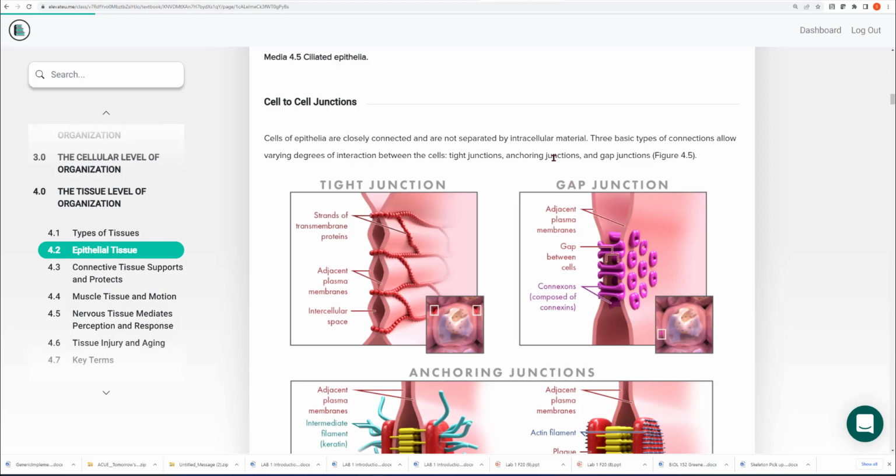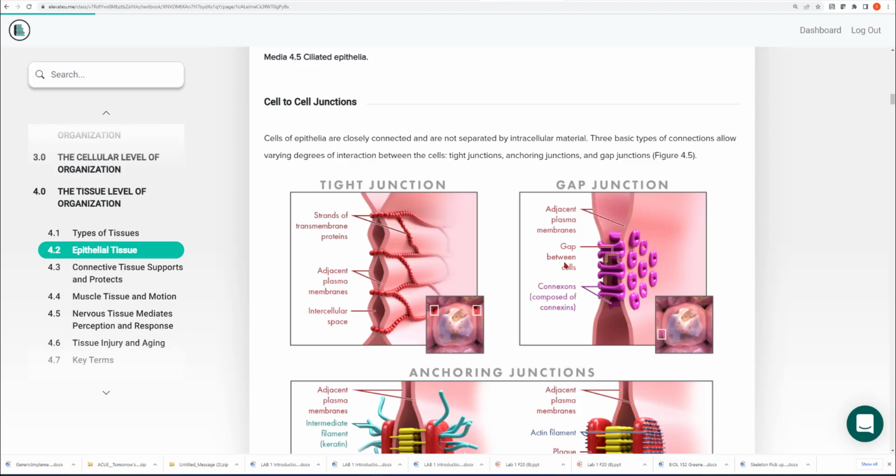The other is gap junctions. Now notice that gap junctions are further down. They're not up at the apical surface. They're more down along the middle or even more toward the basal side. Gap junctions, as the name suggests, actually are tunnels. They allow molecules to pass through.